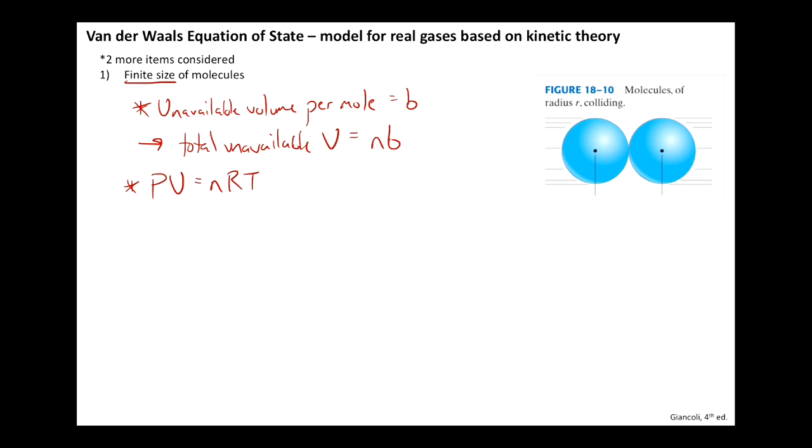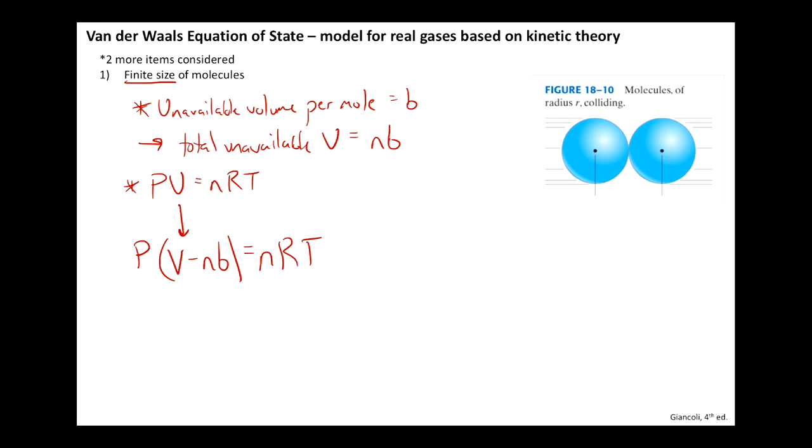What I need to do is subtract from that volume to get maybe a term that more properly expresses how much space is available for the molecules to move around. So we're going to say that this V is going to become the volume minus this thing nB, the unavailable volume, and leave the rest of this like we had it. So now we're subtracting from the volume the amount of volume that's taken up by the molecules themselves.